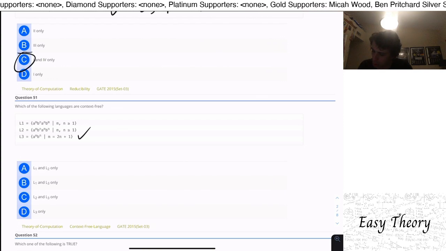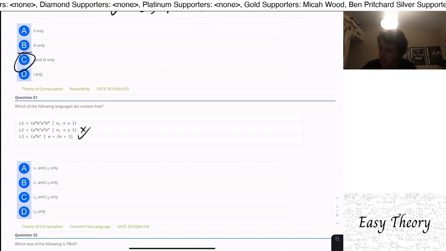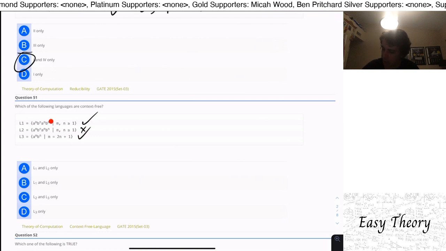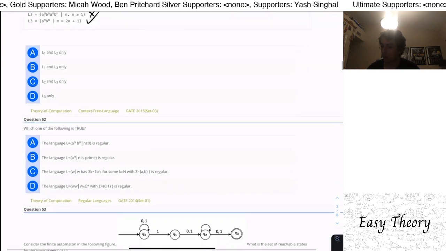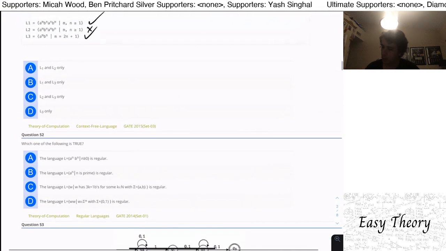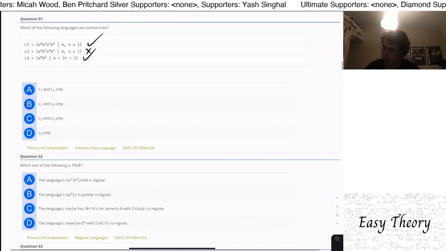L2, no, because of reasoning that we did earlier. And L1 is because we can have a variable that makes the outer two pieces and then recursively goes down into the inner two, because the counts don't have anything to do with each other. But the second one, the counts can be far apart from each other. So the answer there would be L1 and L3.